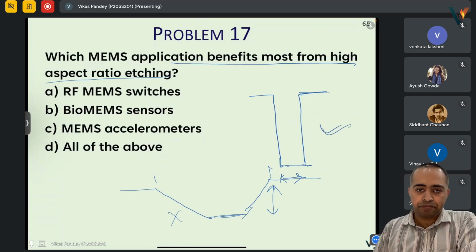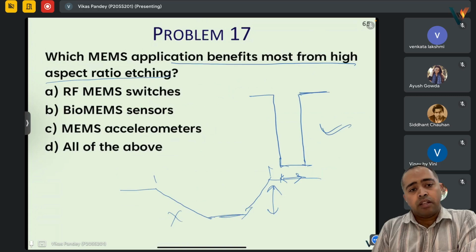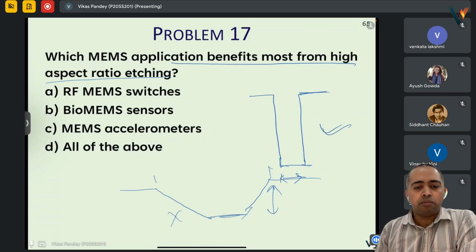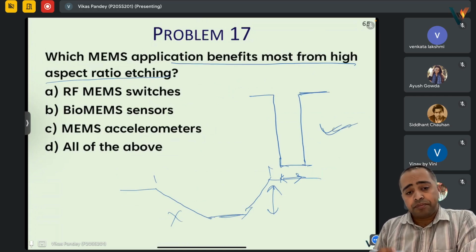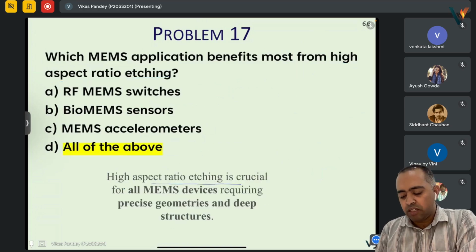What applications can they be used for? RF MEMS switch, bio MEMS, or MEMS accelerometer. All of these actually use high aspect ratio etching, which is achieved using deep reactive ion etching. Precise geometry and deep structure.